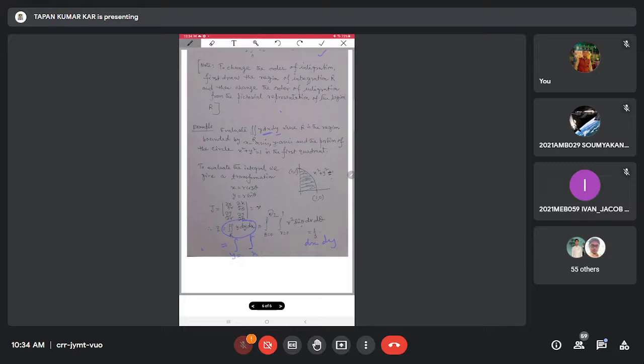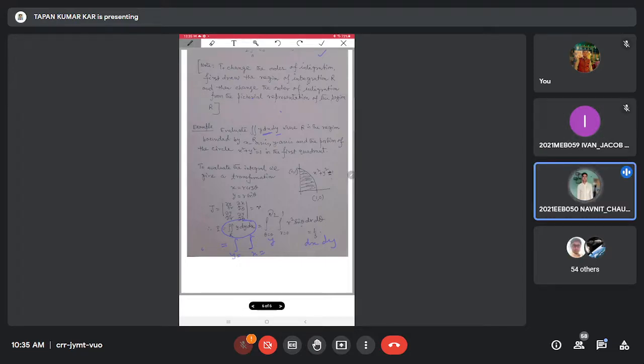Can anybody tell me any idea what will be the limit of x and what will be the limit of y if we don't give the variable transformation? Any idea? Because I have already drawn the circle. Sir, 0 to 1, 0 to 1 minus x square whole under root.